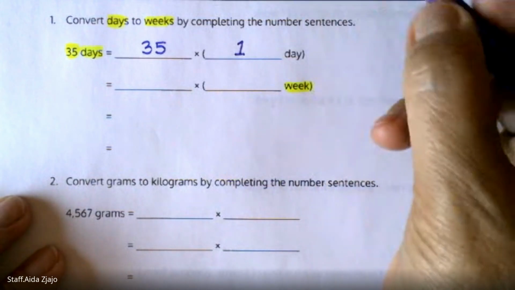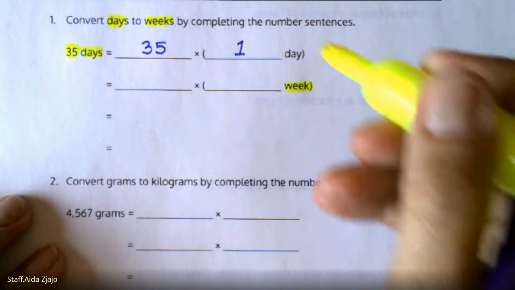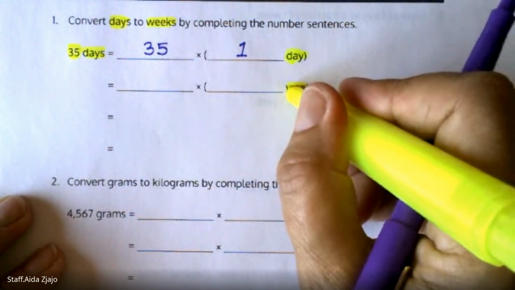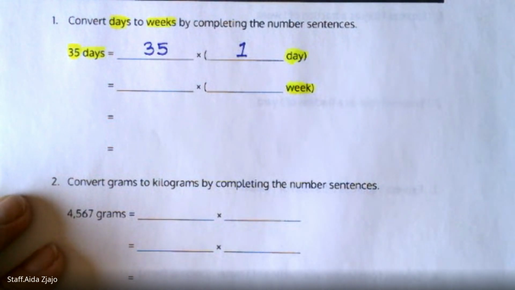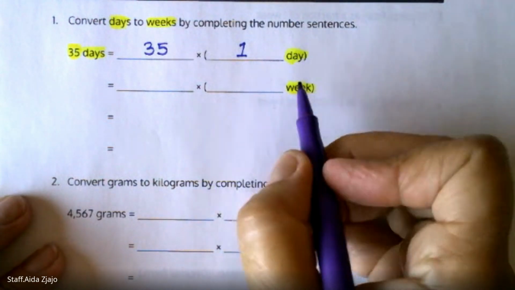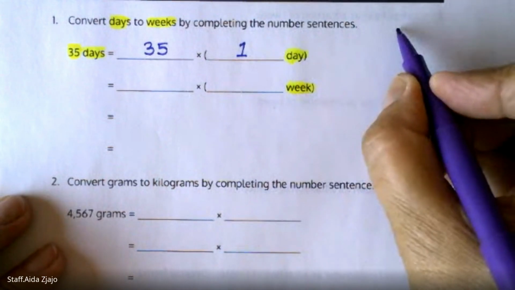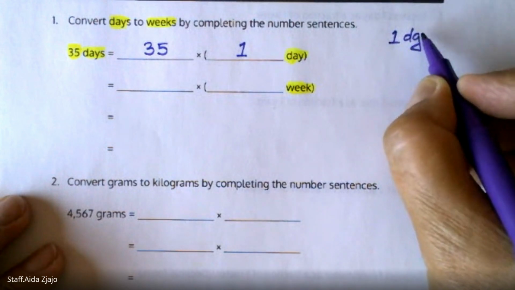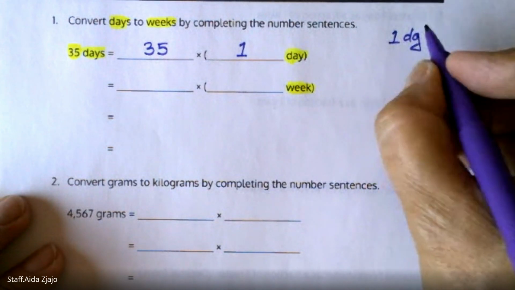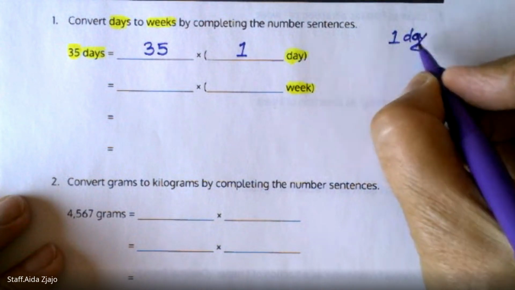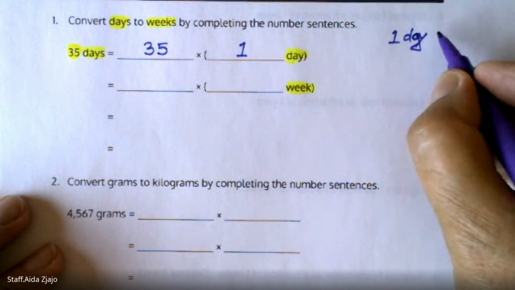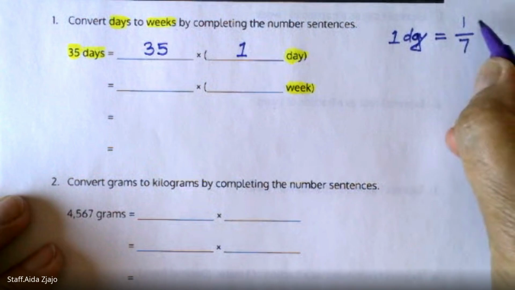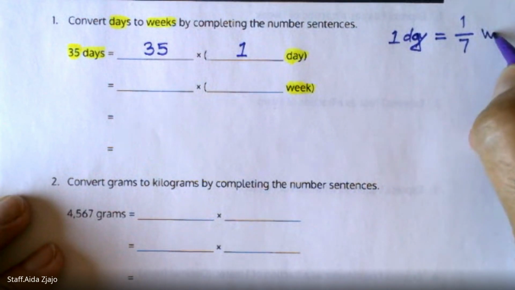But then they say, okay, 1 day represents, from last practice, 1 day is equal to 1 out of 7 weeks.